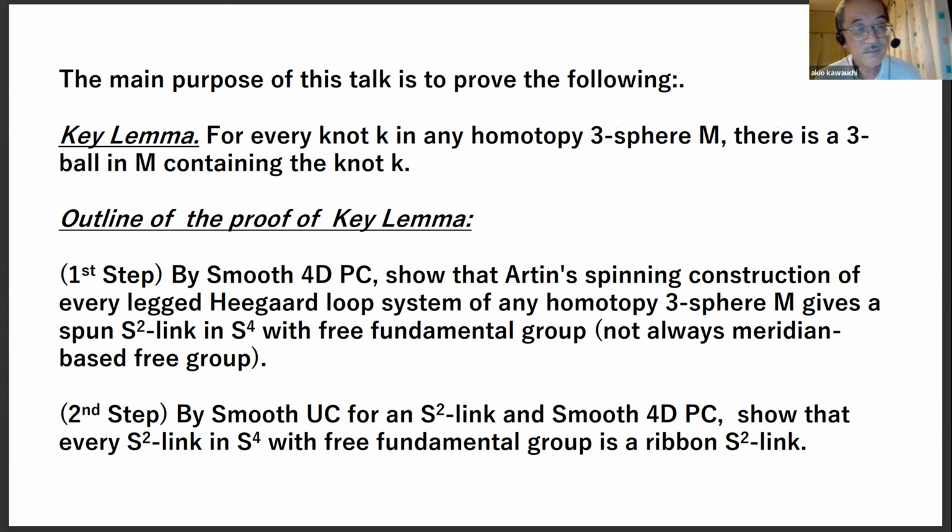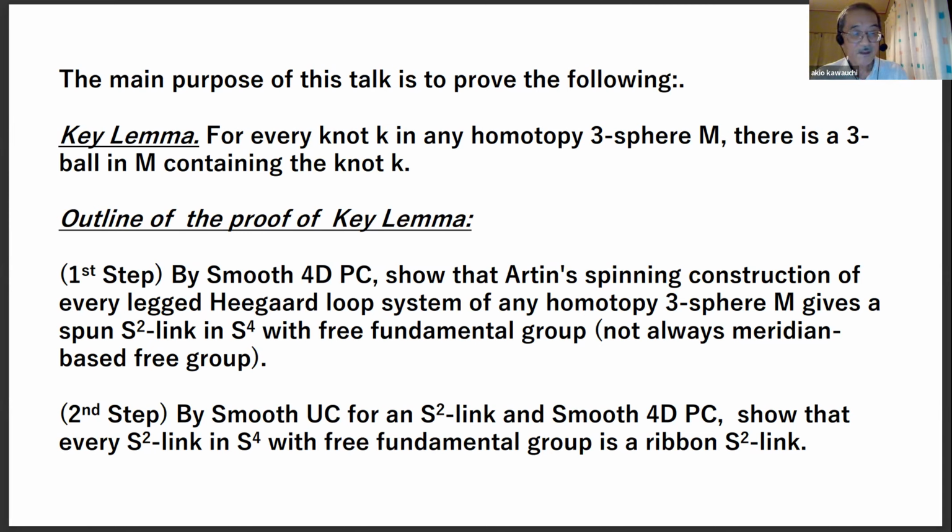Here is the outline of the proof of the key lemma. The first step, by the smooth 4-dimensional Poincaré conjecture, shows that Artin's spinning construction, which I will explain precisely, gives for every legged Heegaard loop system of any homotopy 3-sphere M a spun S2 link in the 4-sphere with free fundamental group, not always a meridian-based free group.